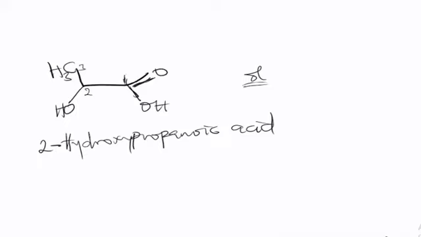So that is it about that. So this is how we can simply go ahead and name our alcohol functional groups, following the IUPAC nomenclature. So next we'll consider the IUPAC rules for naming alkoxy.